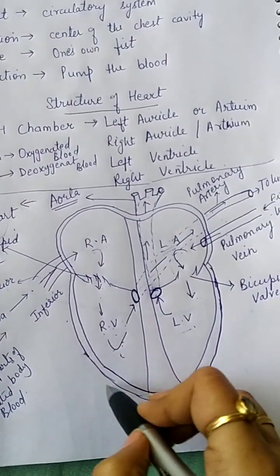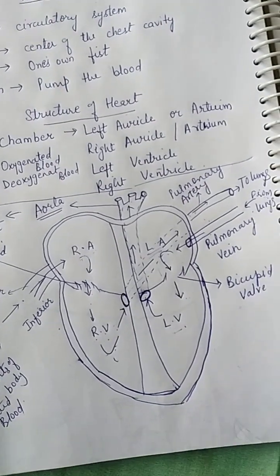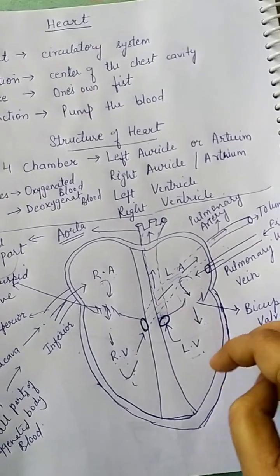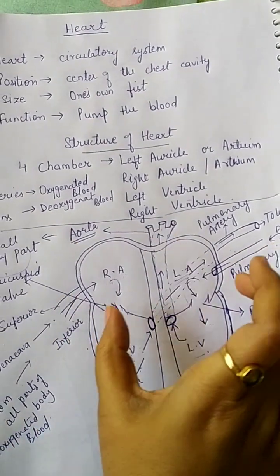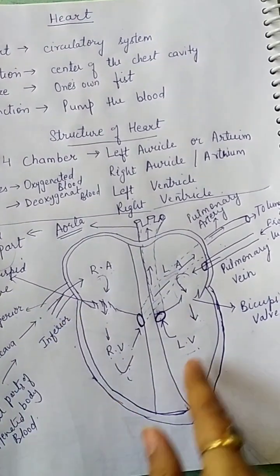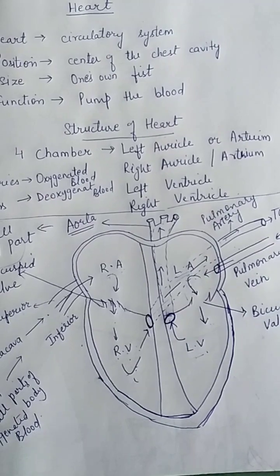The ventricle needs to apply more force, more pressure. It needs to pump the blood with more pressure so that the blood reaches a larger distance. Therefore, ventricles have thicker walls, whereas atria have thin walls.